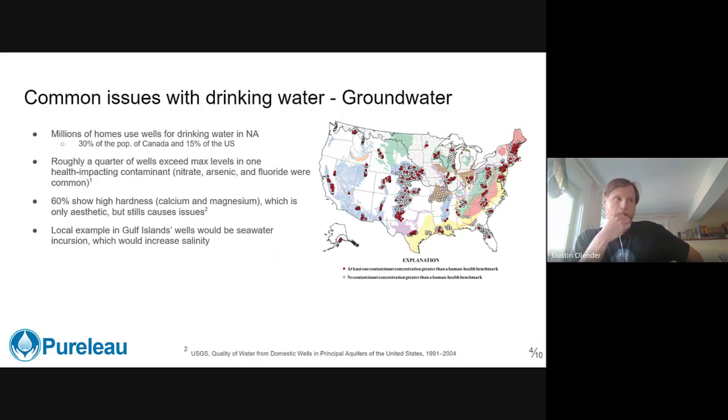A newer issue that's happening globally, but especially locally too, is seawater incursion. In the Gulf Islands, if you have a well, one of the things you might be worried about is it turning brackish. You've basically got this tug of war between seawater and your aquifer.